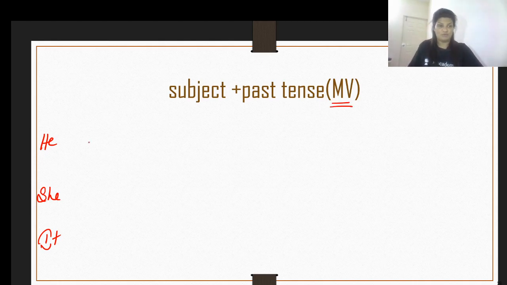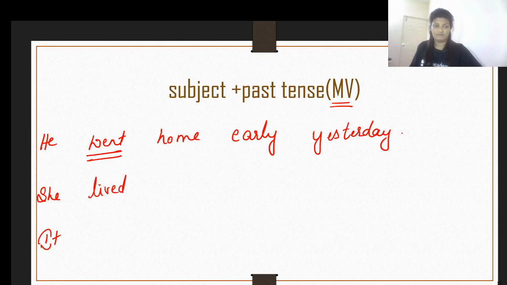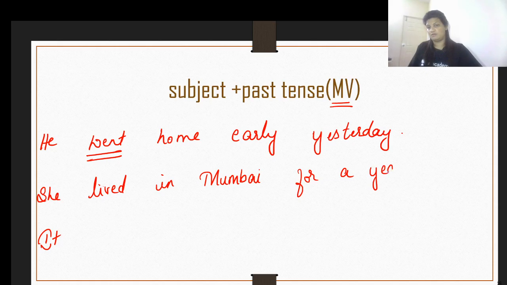So the examples would be: he went home early yesterday. He went home early yesterday. The action that happened yesterday, the past action, the completed action. Or she lived in Mumbai for a year.